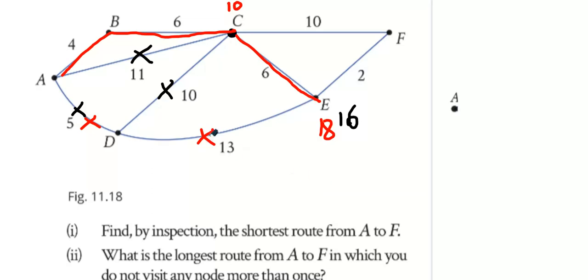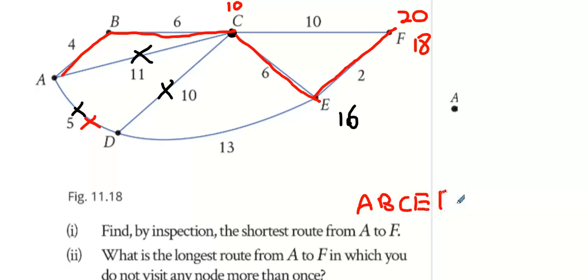So that's gone as well. And now we compare the 2 of them, and now I'm on 16. Now, 2 choices here. You could go 10 plus 10 gives you 20, or you could go 16 plus 2 gives you 18. So we're going to take this route here. So it's going to be A to B to C to E to F.